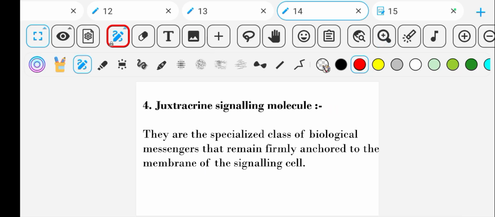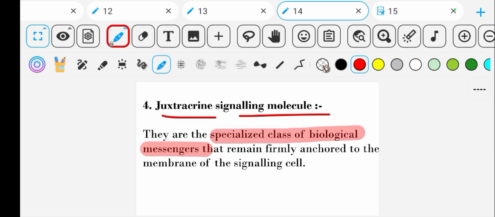After endocrine signaling, we have another one, which is juxtacrine signaling. Basically, they are a specialized class of biological messengers that remain firmly anchored to the membrane of the signaling cell, meaning they require physical contact between cells.